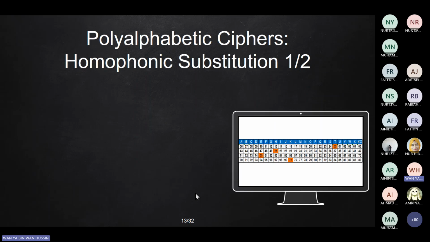And this technique, we call polyalphabetic cipher, because the rule will change a few times.